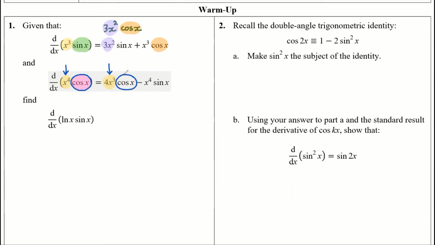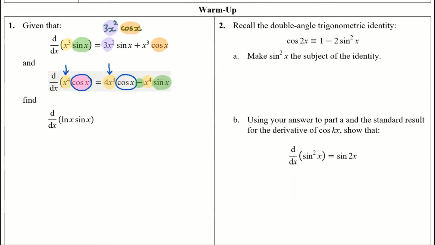So this cosine x just stays as it is and goes in the second position. And then we've got a negative. Now, the negative, we'll worry about that in a second, but we can also see that we've got the x to the power 4 appearing again, all right? And this time we've got a sine x. Now, we know that if you differentiate the cosine of x, you will get a negative sine x, all right?